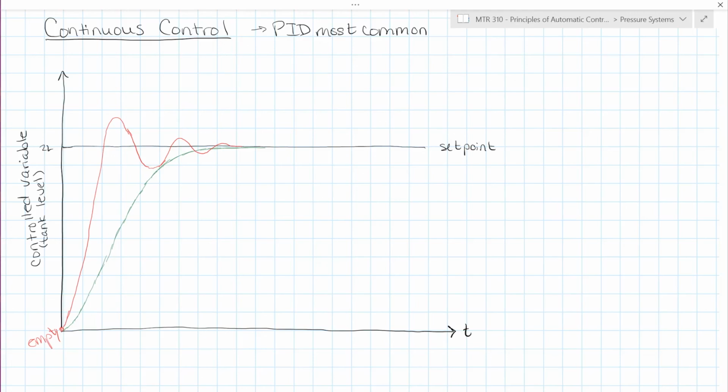So we can see with our continuous control that we're going to have a curved response, whereas we had a mostly linear response with our on-off control. And that kind of makes sense because we're only adjusting the slope one time for on-off control, whereas here we can continually adjust the slope of the filling curve.